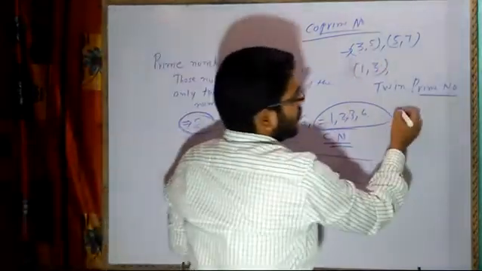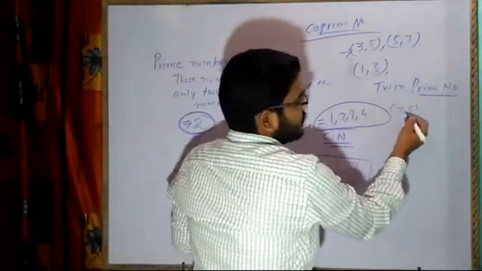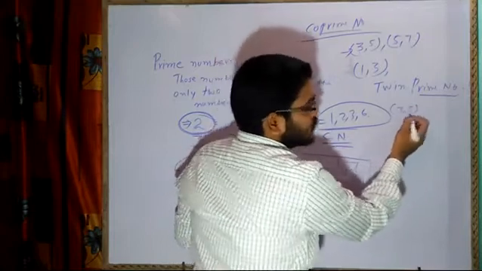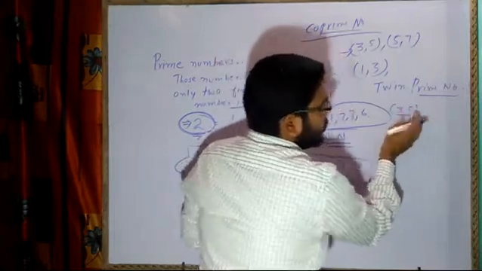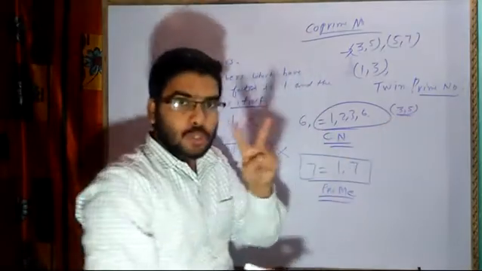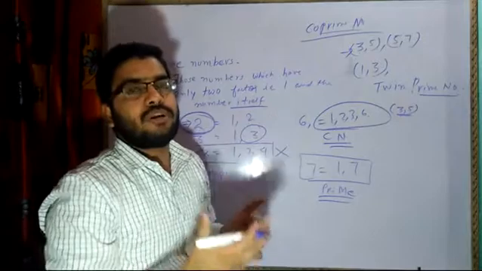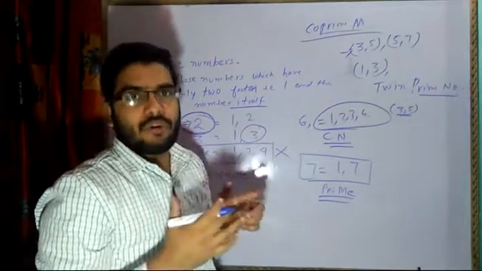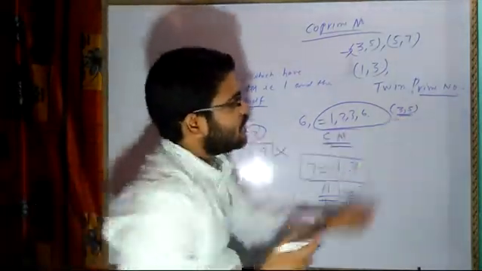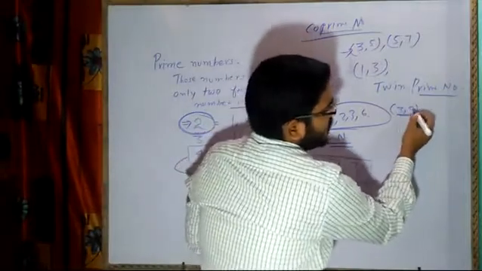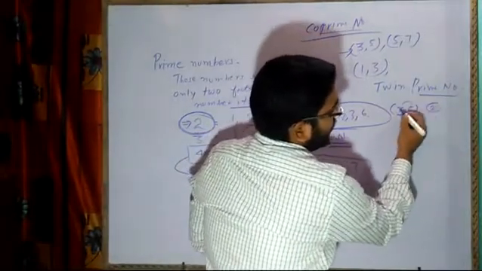For example, I wrote 3 and 5. It is called a twin prime because they are in a pair. Twin means two, like twin brothers, twin sisters. So 3 and 5: what is the difference? It is always 2. 5 minus 3 is 2.